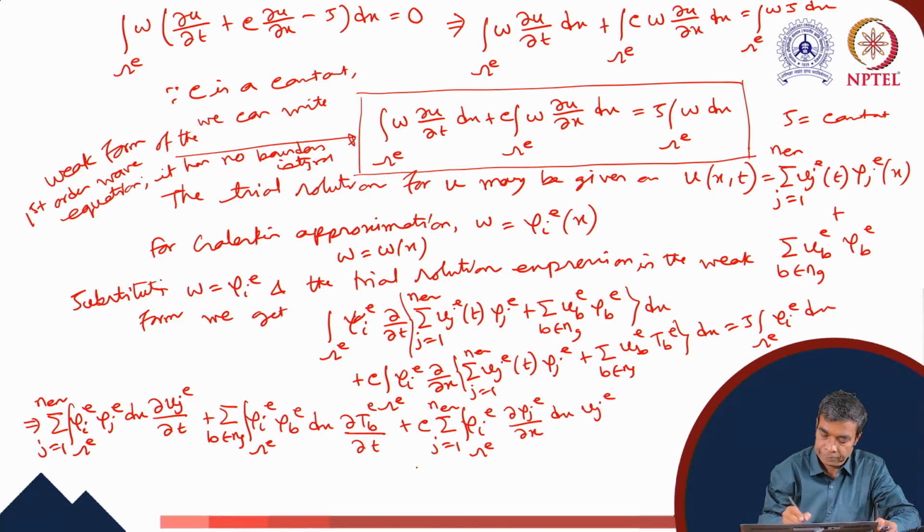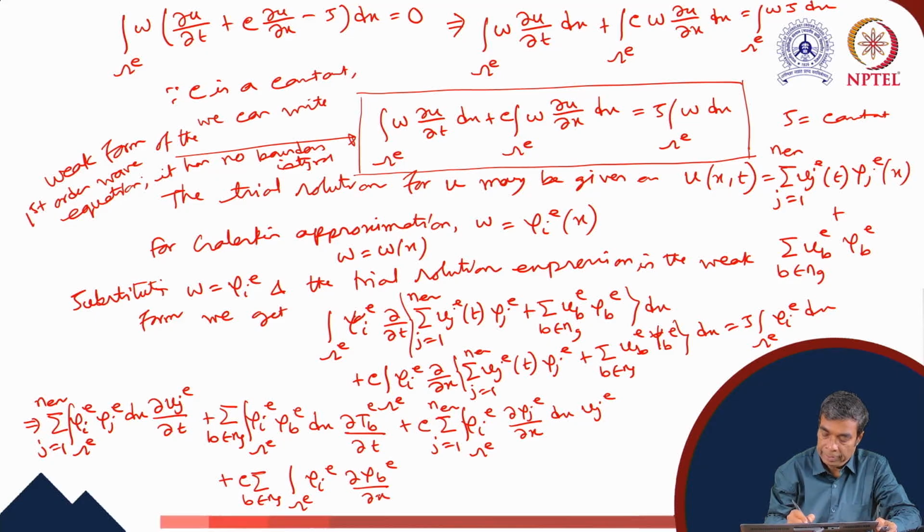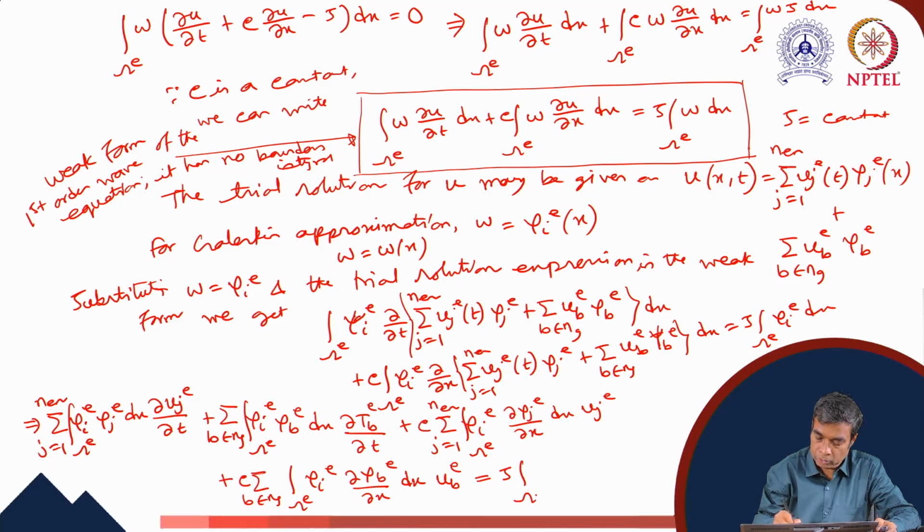into uj plus c into summation over b belongs to eta g integration over omega e psi be psi ie del psi be del x dx into ube equals to s into integration over omega e psi ie dx.